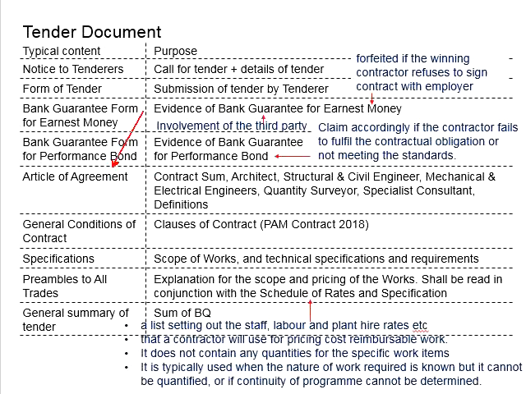Next, it will be the Articles of Agreement. This is a standard form providing all the essential information related to the project, such as the contract sum, who are the architects, the structural and civil engineers, the mechanical and electrical engineers, the quantity surveyors, the specialist consultants, if any, as well as the definitions of certain terminology that appear in the contract document.